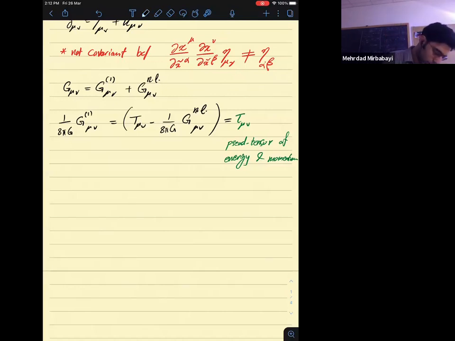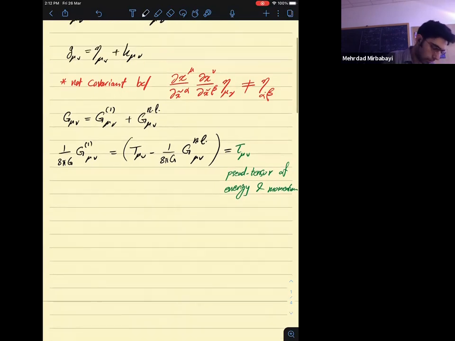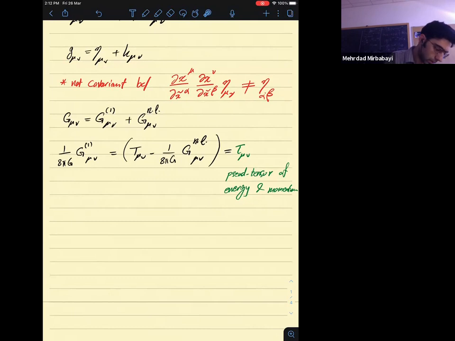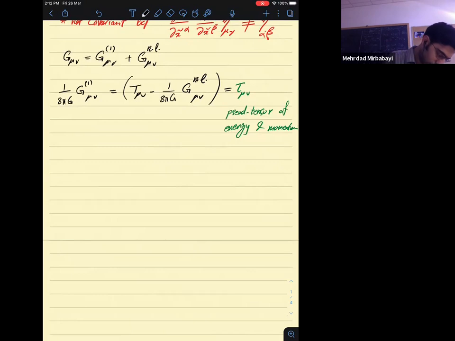So if we can write the metric, remember the metric was expanded like this, near Minkowski, and these deviations from Minkowski are very small, which is equivalent to saying that h mu nu is much less than 1, then this tau mu nu is approximately the same as T mu nu.